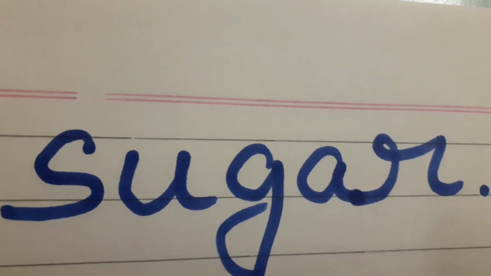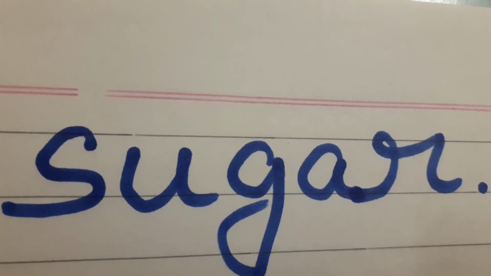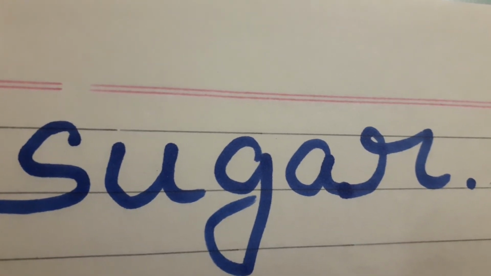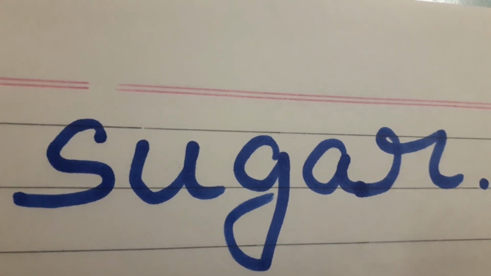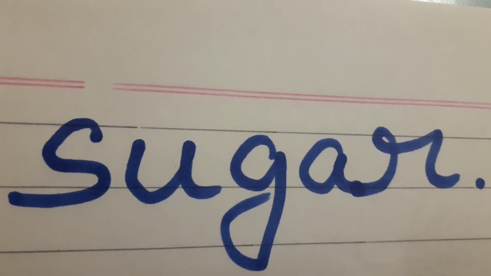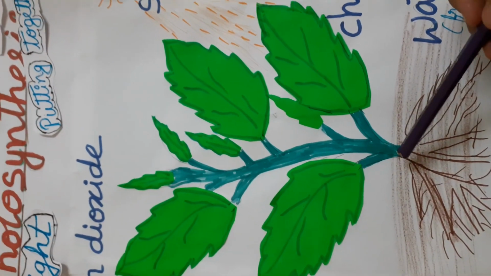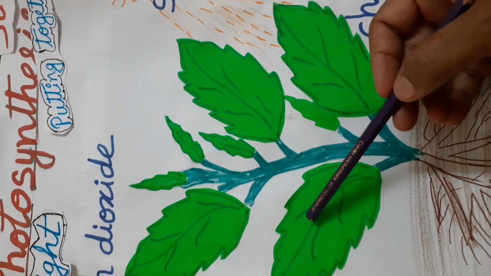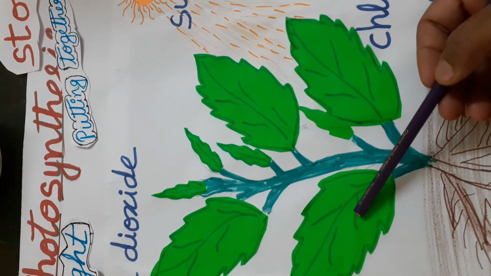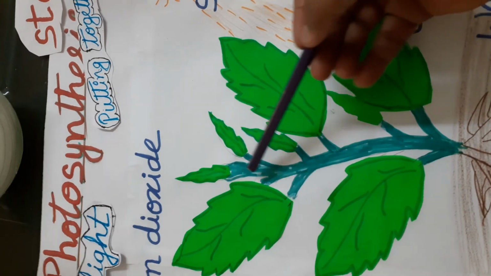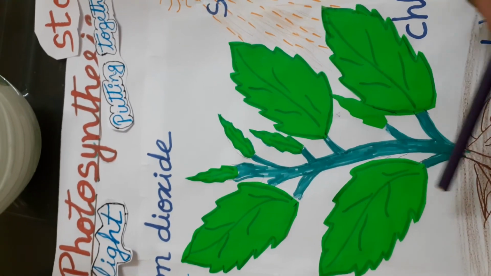The food prepared by a leaf is called sugar. This food is transported throughout the plant by the stem and branches.